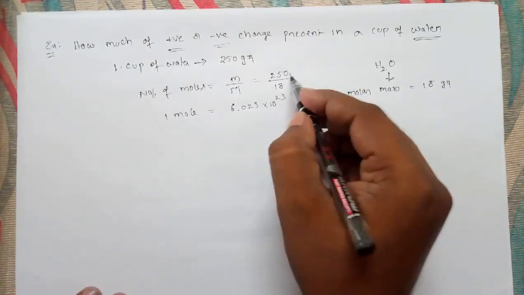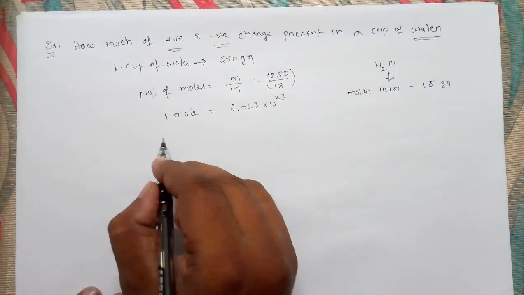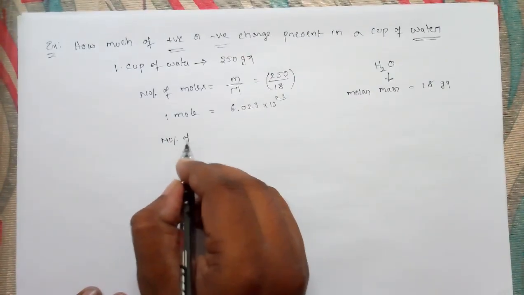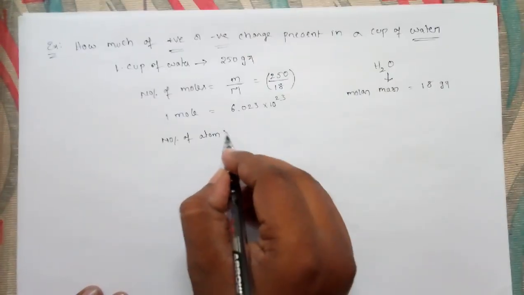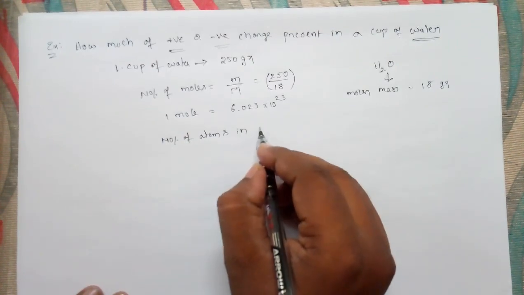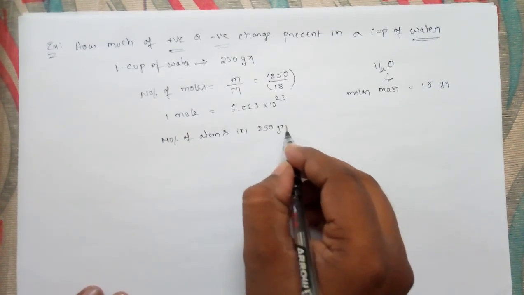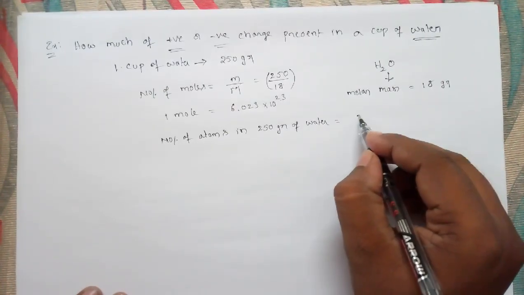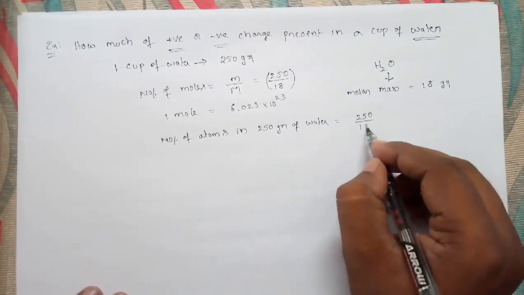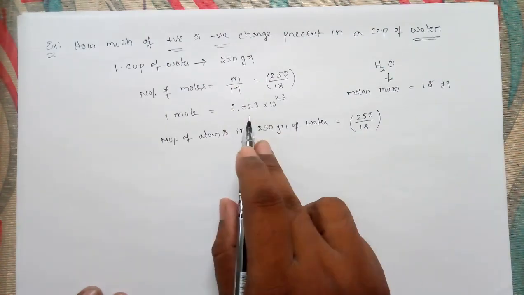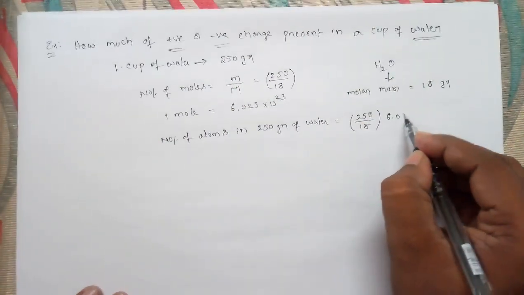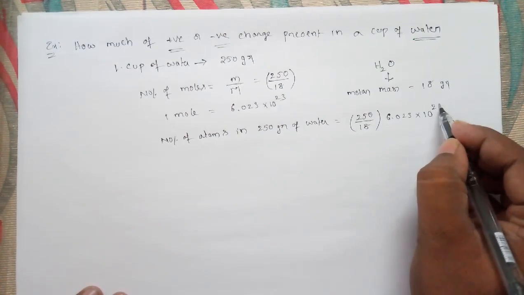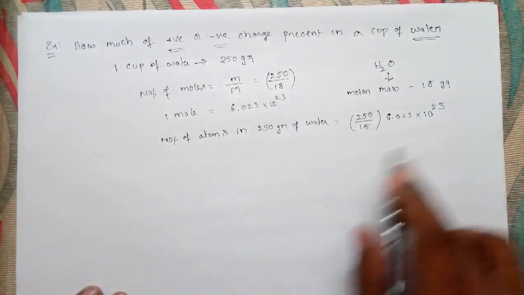atoms present. So the number of atoms in 250 grams of water is the number of moles into the number of atoms present in 1 mole, that is 6.023 into 10 raised to 23. So these are the number of atoms.